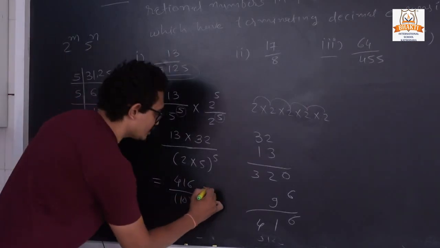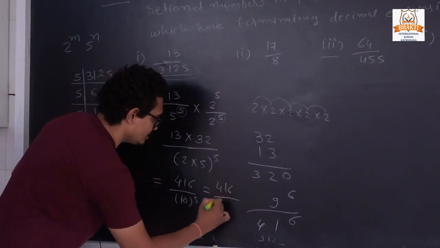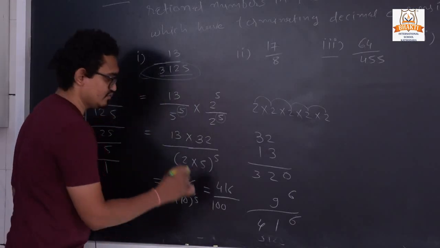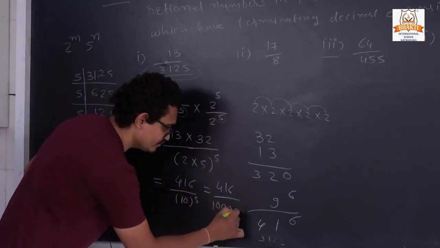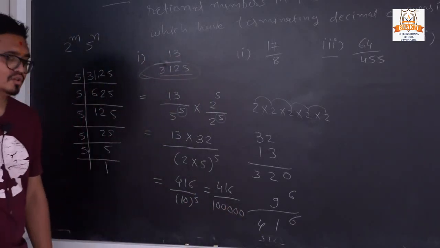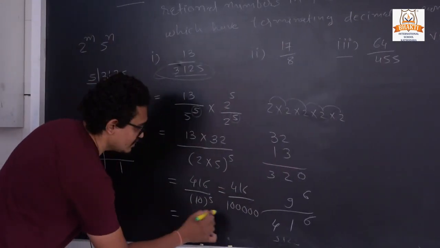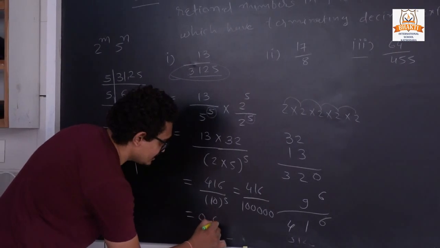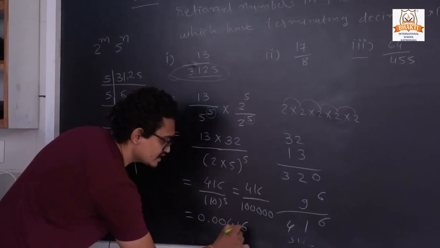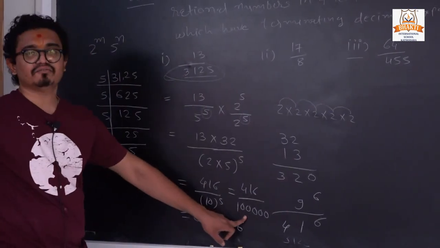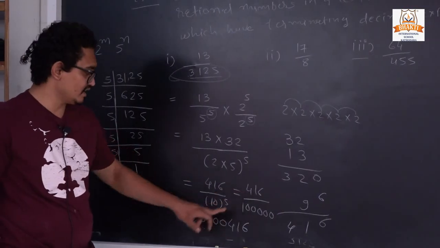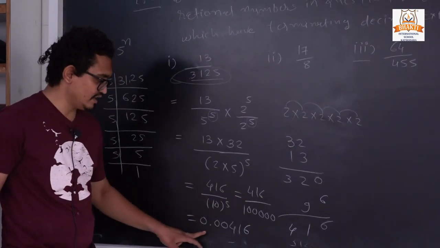So it means what? 416 upon how many zeros? 10 raised to 5 means 5 zeros. So finally we can write 0.00416, because it has the 5 zeros. So we can convert that rational form into the decimal form.